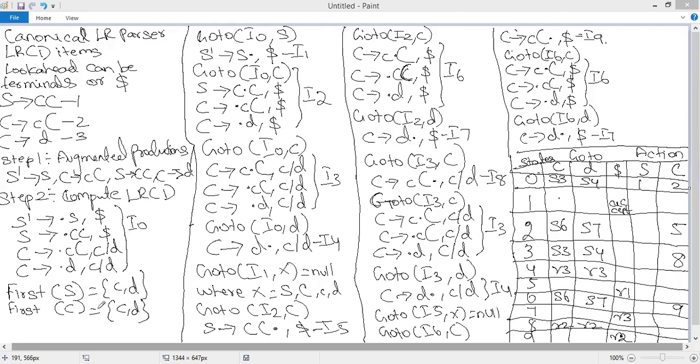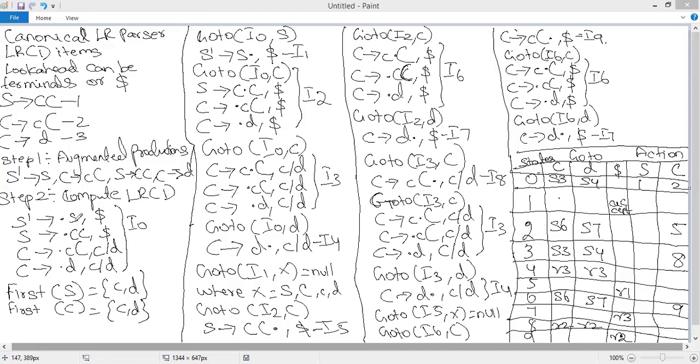After identifying the first sets, the next step is to compute the LR(1) items. That is, we compute the goto operation by using the closure operation. This is our production rule. The first production rule is S' tends to dot S. In the right hand side of the production rule, we include a dot at the first position.